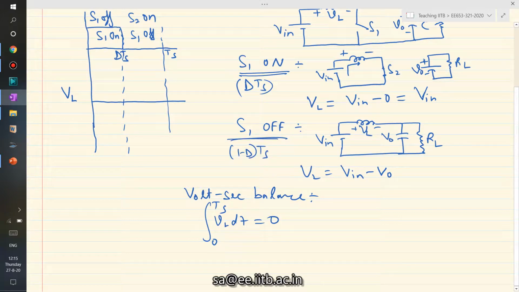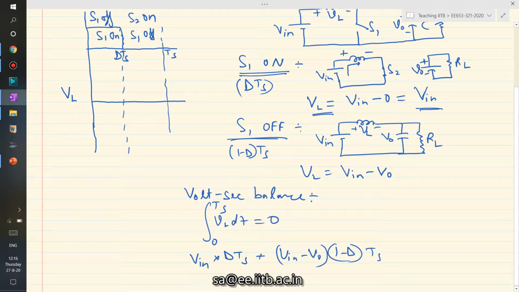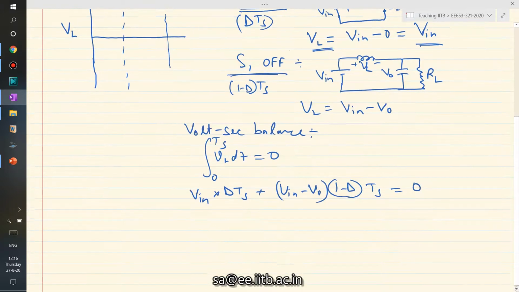Therefore, I can write Vin, the voltage across the inductor when the switch is on, multiplied by its duration, plus (Vin minus Vo) multiplied by its duration, equal to 0.